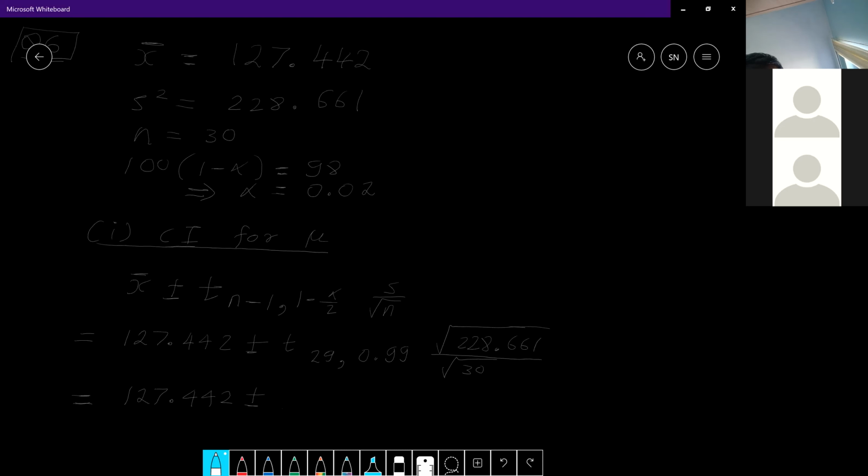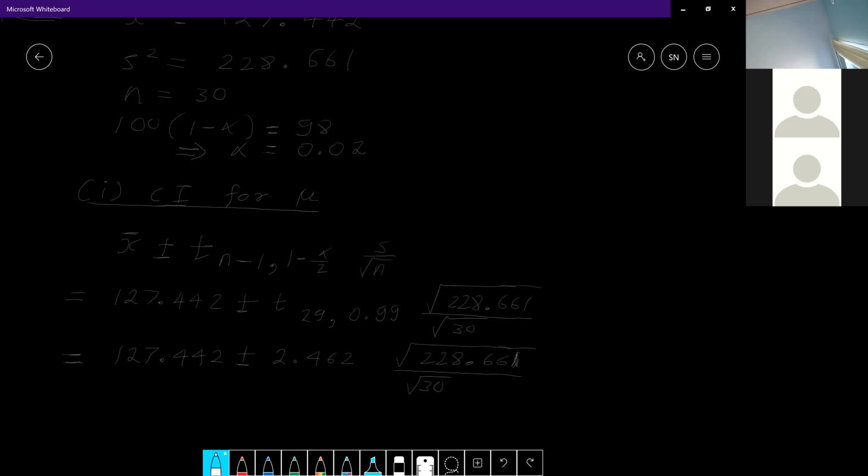So that's 2.462 multiplied by the square root of 228.661 divided by the square root of 30. So this is the confidence interval that you will get for the population mean mu.